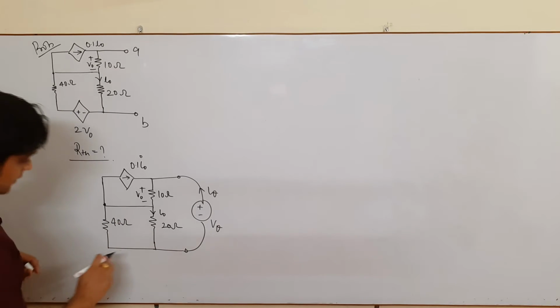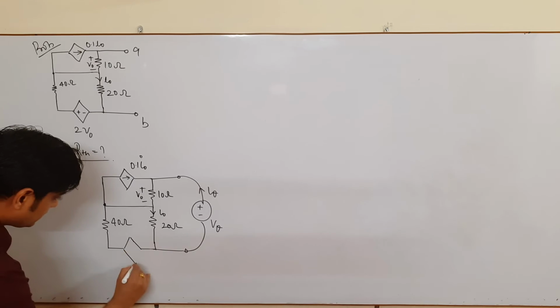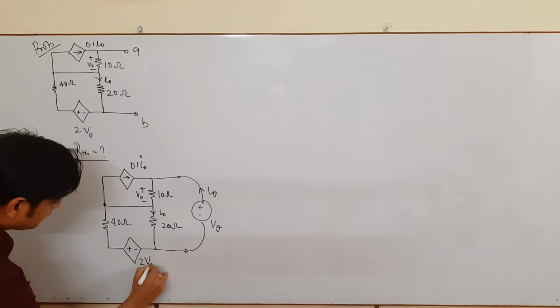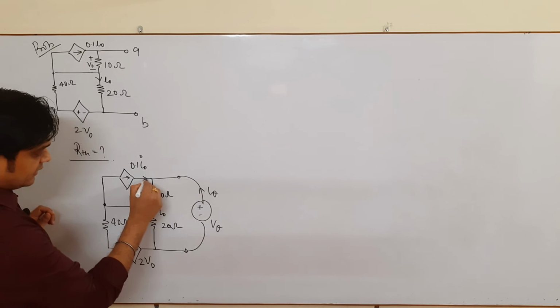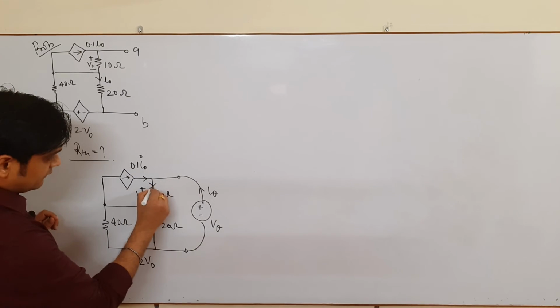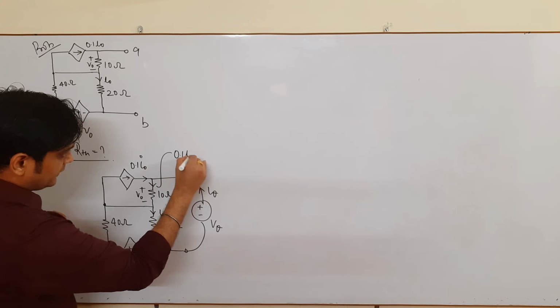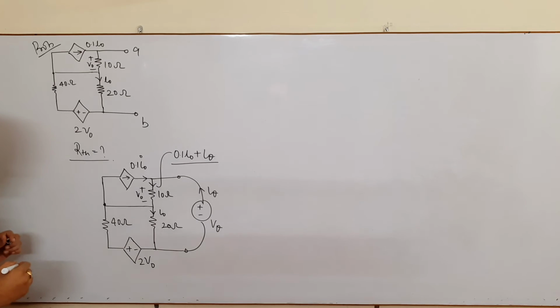Okay, and here is another source, a dependent voltage source, 2V0. Now see, this I theta is the current coming here, this 0.1 I0 is coming here. So what is the current here? The current here is 0.1 I0 plus I theta. Very important, just keep in mind.